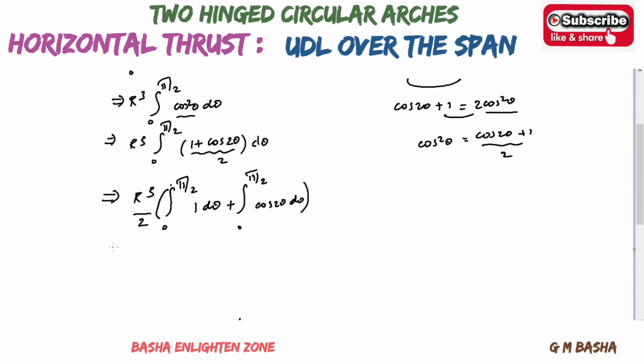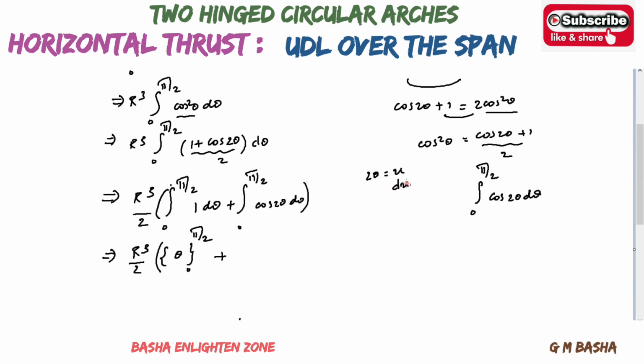So here again apply integration, r cube by 2, integration of 1 is theta d theta, that is theta plus c, constant of integration, 0 to pi by 2, plus integration of 0 to pi by 2. So I will solve this one here, integration of 0 to pi by 2 cos 2 theta d theta. So here we have to put 2 theta equal to u.